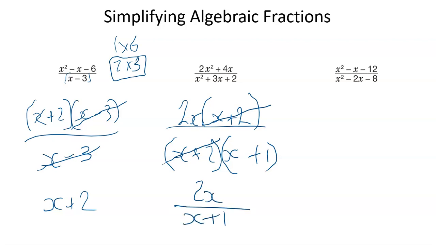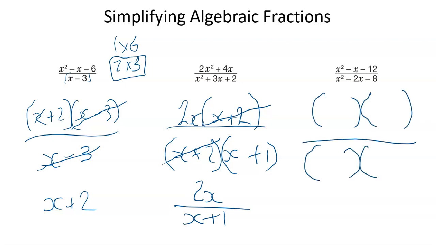And the final example, again, it's just an exercise in factorising. This time they're both double brackets. This top one, well, 1 times 12, 2 times 6 and 3 times 4. As we want minus 1, we best use the 3 times 4. So it's going to be x minus 4 and x plus 3 to give minus 1.